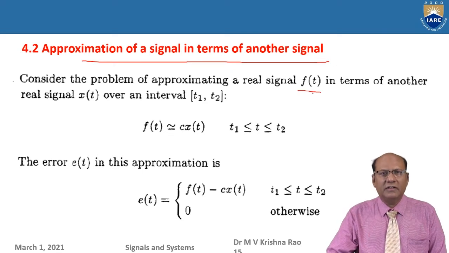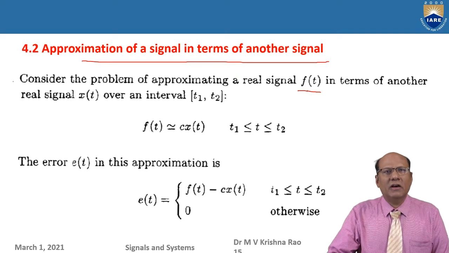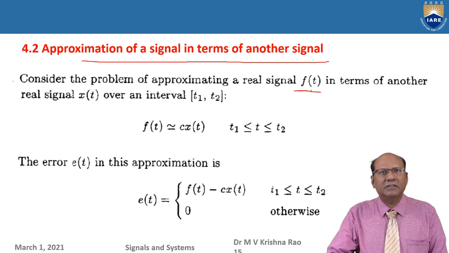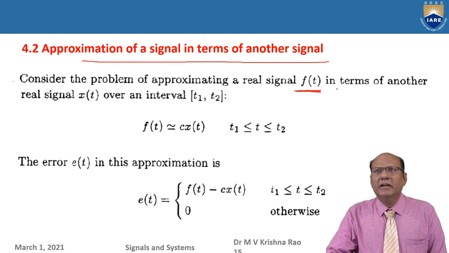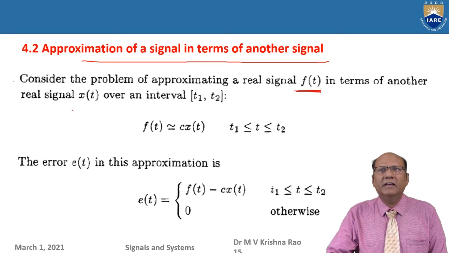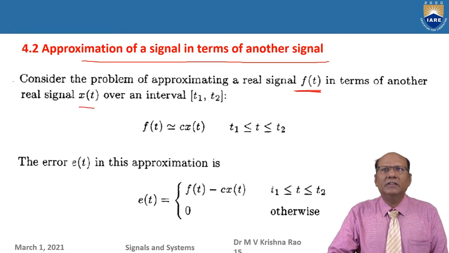F is a function which is changing with time, a function of the independent variable t. I can call this a function, or I can also call it a signal. It doesn't matter. In terms of another real signal, x of t. So f of t is one signal, x of t is another signal.